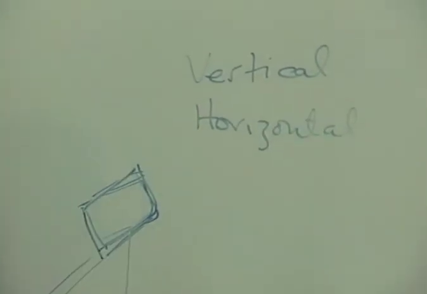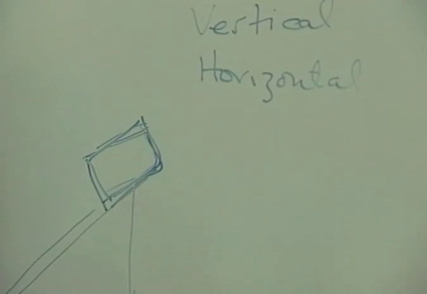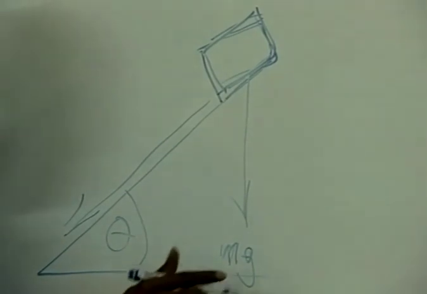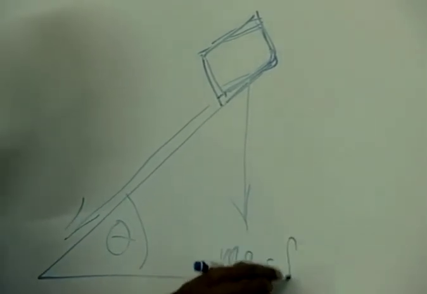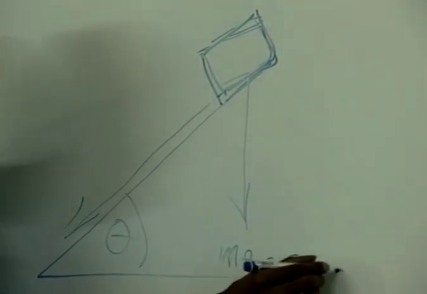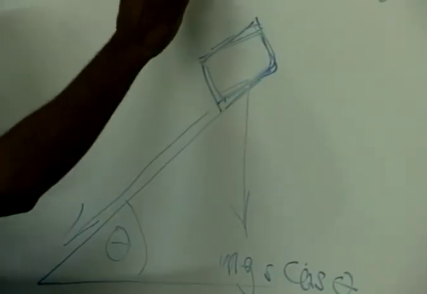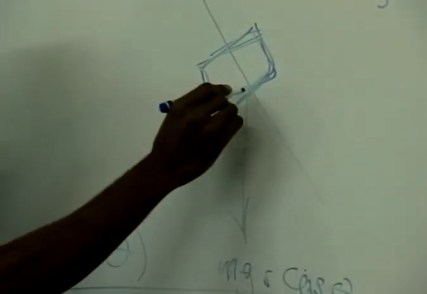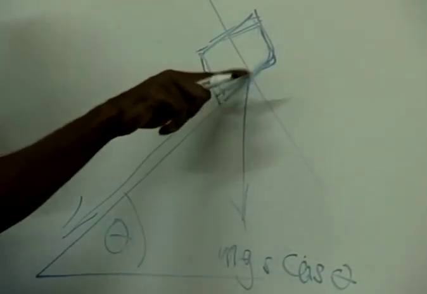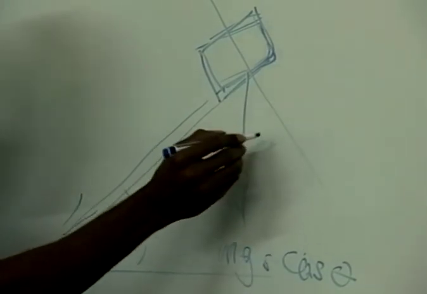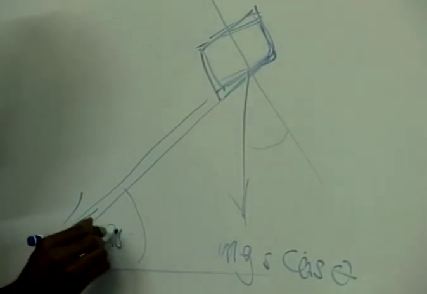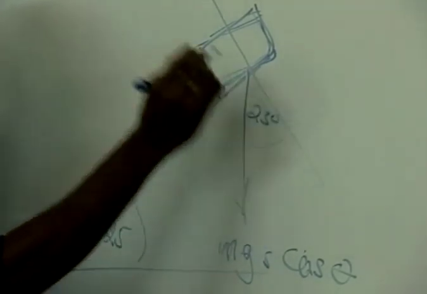For this we can have the work done as mg, and it should be the cosine of this angle. The normal, when it is here, the center of gravity will always cause this to act in that direction. We can assume that this angle is almost the same as this. Let's say if it was 25 over here, this will also be 25 degrees.